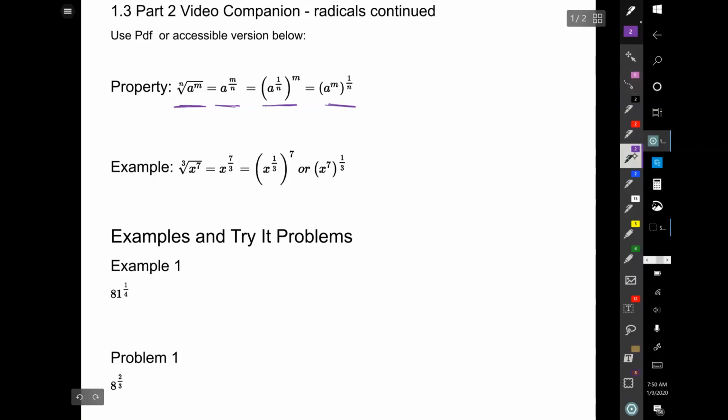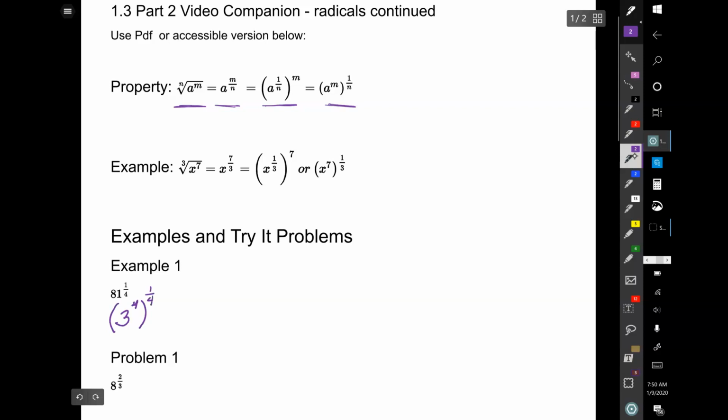So here's example 1, 81 to the 1/4 power. We can figure that out by putting 81 into its prime factorization. So we could manipulate that as 3 to the 4th. And this is an important skill that you use later in pre-calc. So we can write that as 3 to the 4th, which is equal to 81, and that then is raised to the 1/4 power.